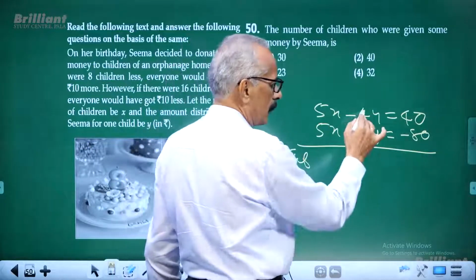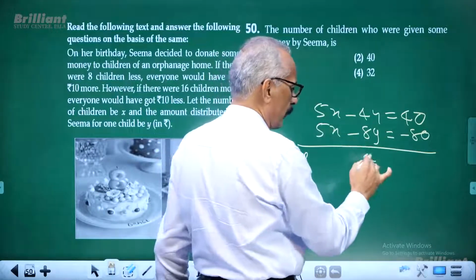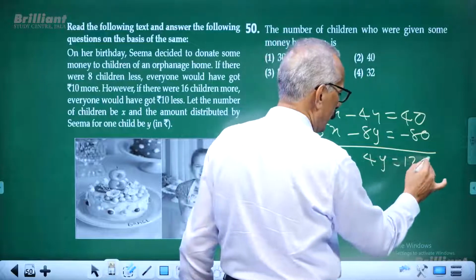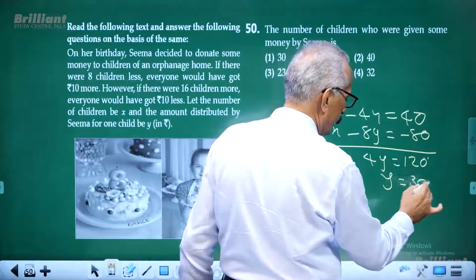Subtracting, x is out and we get 4y is equal to 120. So y is equal to 30.